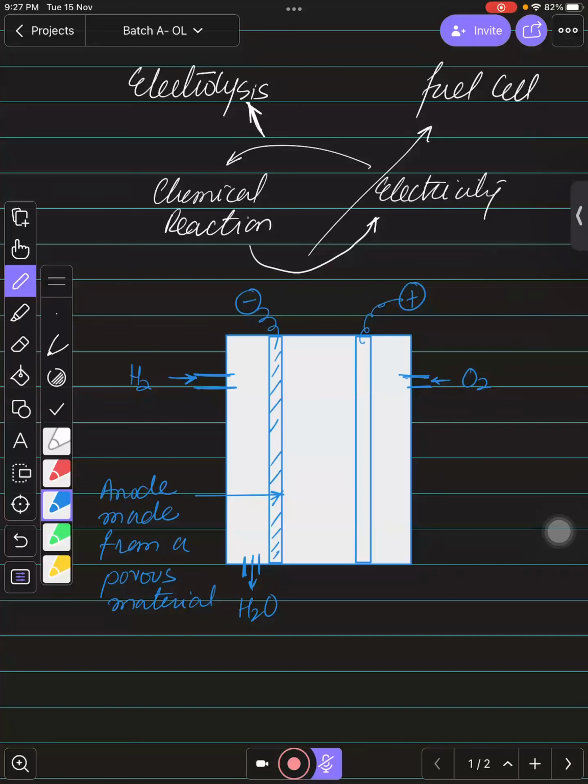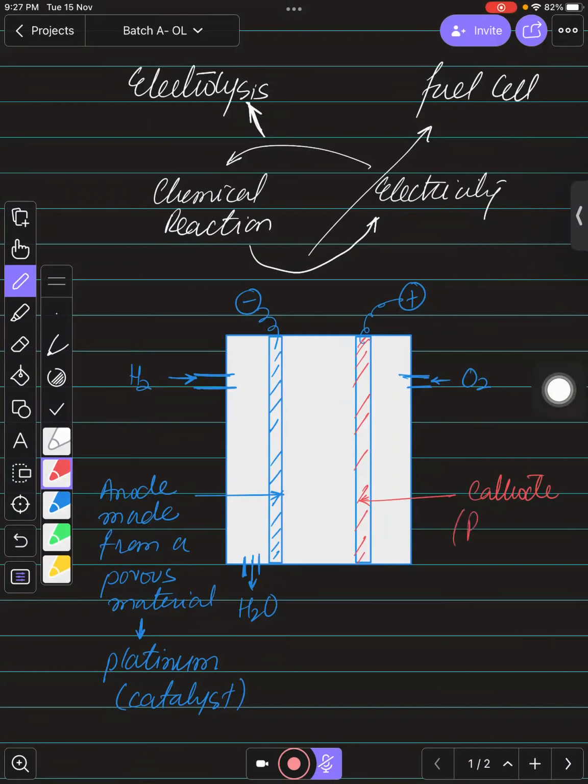और इसी के अंदर, इस ही एनोड के अंदर we have planted some platinum, जो कि यहाँ पर work करेगा as a catalyst, right? It will work as a catalyst over here, right? And this one, which is on the right hand side, is actually working as cathode over here, right? ये आपके पास क्या चीज है बच्चों? This is actually cathode, and this cathode is also a porous material, right?